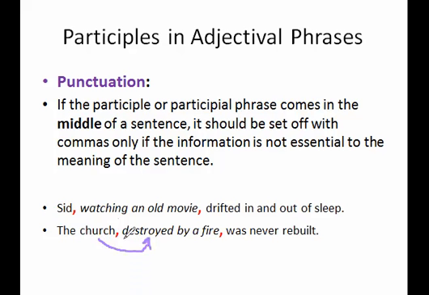Destroyed by the fire is a participle phrase. Why? Because destroyed is a verb, it is a participle, and it is part of this phrase. Because it is part of this phrase and it is telling us something about the noun, this is the participle adjectival phrase. Okay.